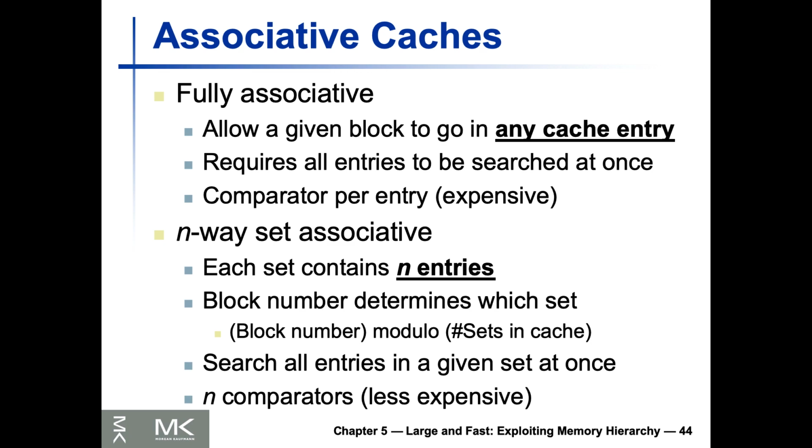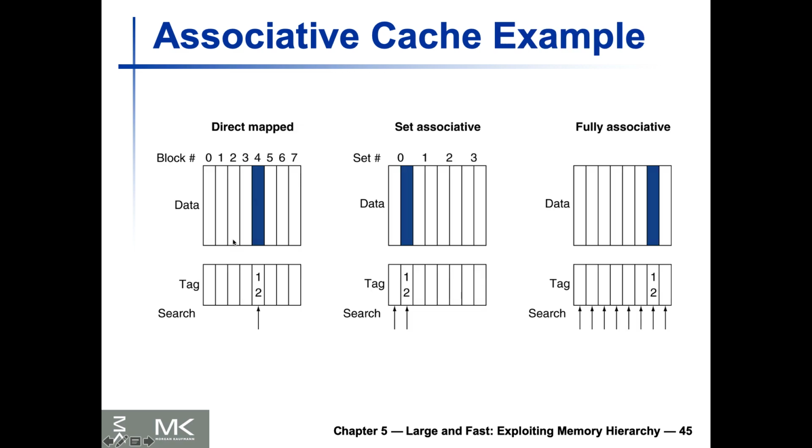We will have a discussion later on, but in practice, depending on the type of the architecture you are designing and the data you're accessing, if it's spatial locality or another type of locality you're targeting, or if your processor is targeting a specific application to run, you might want to choose one of these 3. But in general, in a general purpose computer, normally people use some sort of an n-way set associative. Okay.